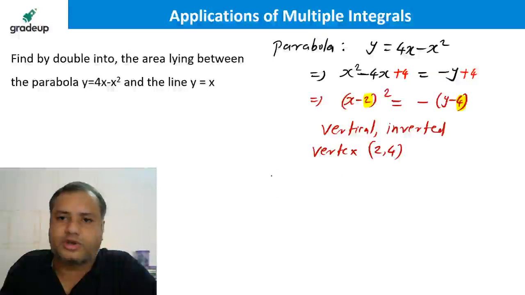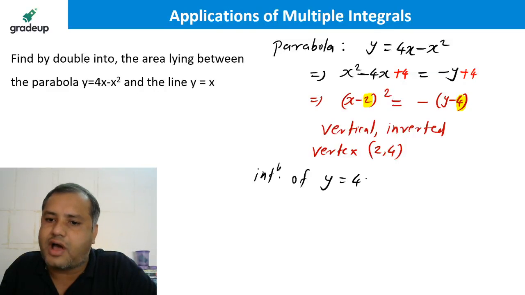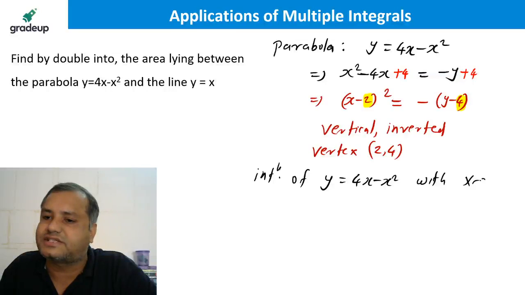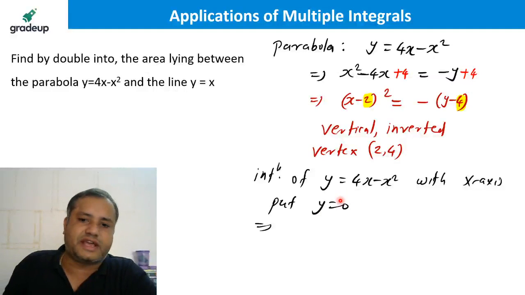Whenever you want to find the intersection of any curve with the x-axis, for the intersection of the parabola y equal to 4x minus x square with the x-axis, what you have to do is put y equal to 0. You will get the intersection with the x-axis.